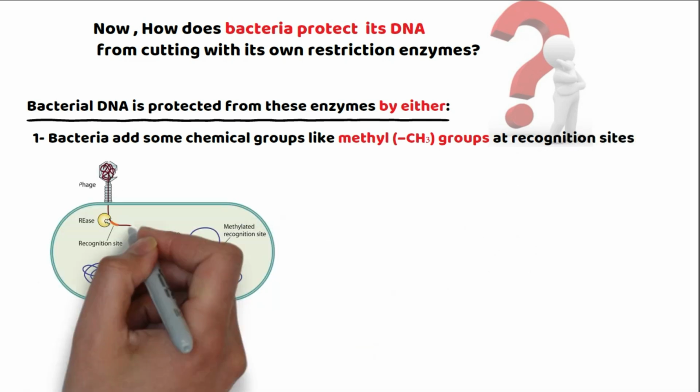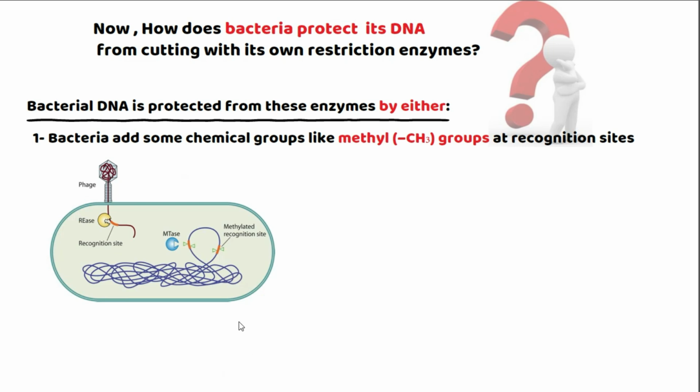Like here, this circular DNA of bacteria, the main chromosome, a certain type of enzyme called methylation enzyme can add methyl groups at the same recognition sites, so it masks or hides the restriction sites from attack by restriction enzymes.